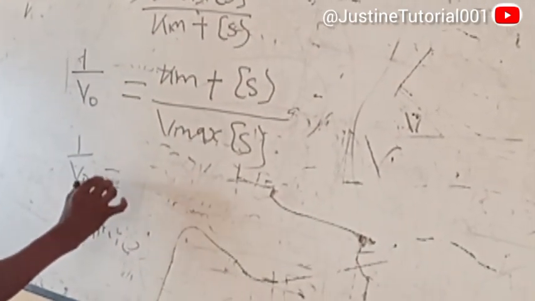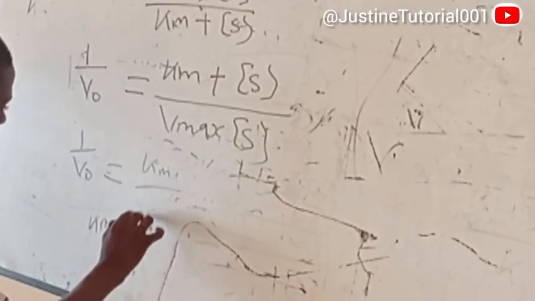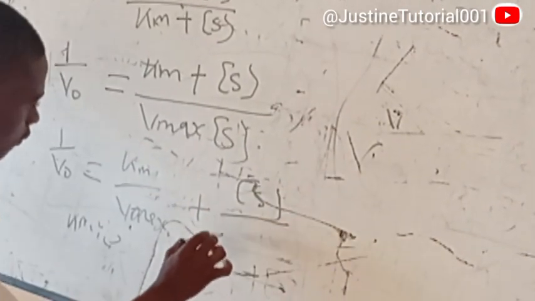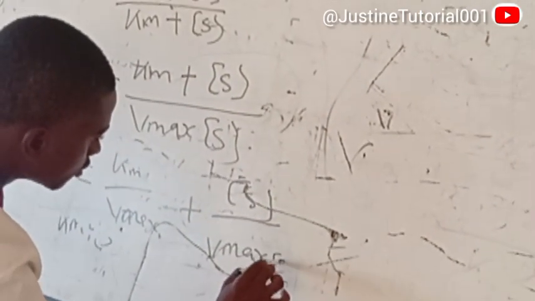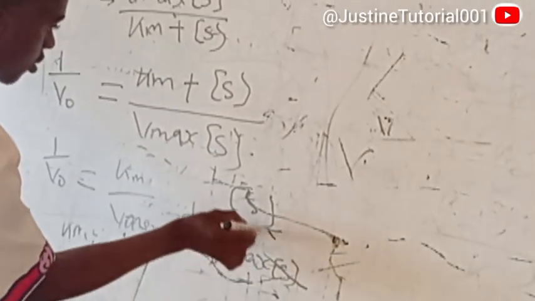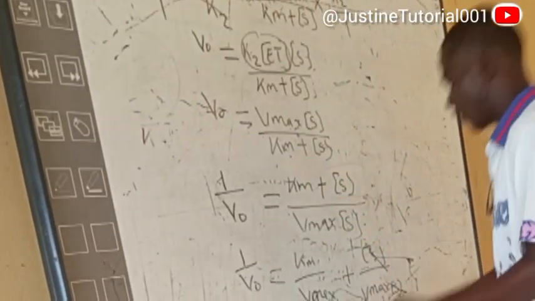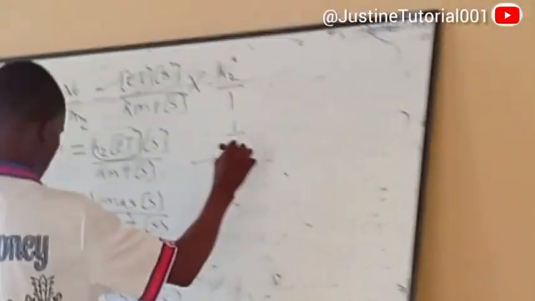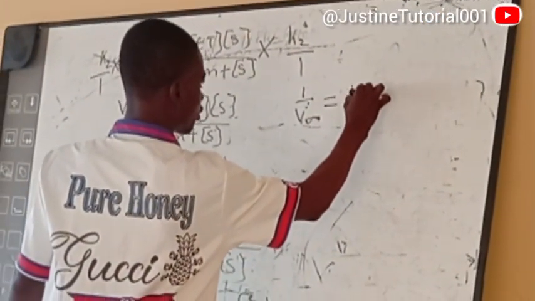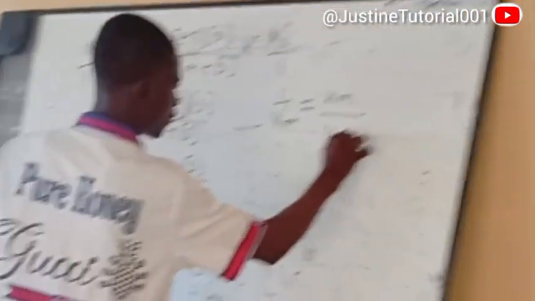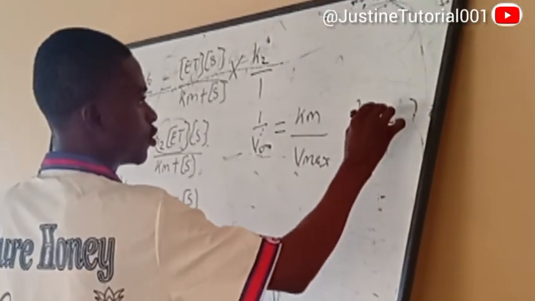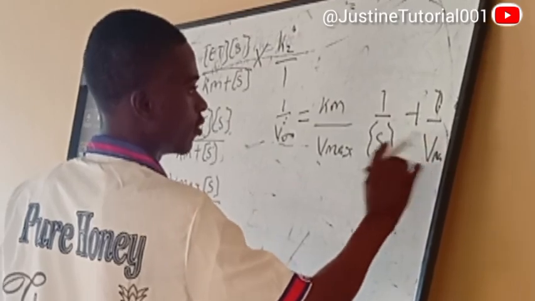So 1 all over V naught is equal to Km all over Vmax substrate plus substrate all over Vmax substrate, and the substrate will cancel the substrate, and what is left is 1 all over V naught equals Km all over Vmax times 1 over substrate plus 1 all over Vmax.